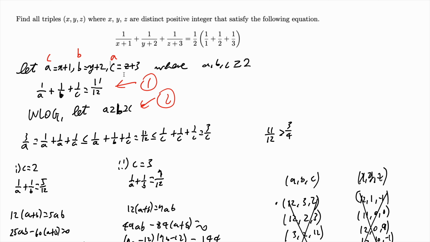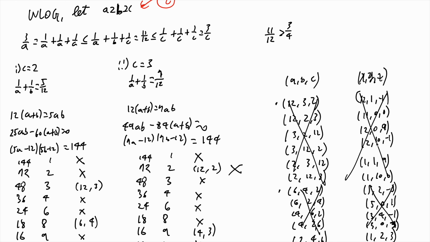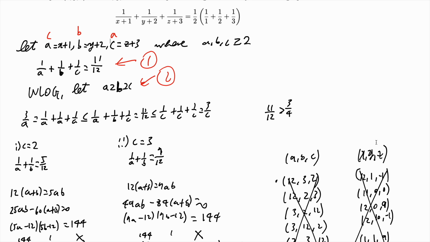Otherwise, if we write x is greater than or equal to y greater than or equal to z, then the 1, 2, and 3 might neutralize that, so that might be a problem. But if we just swap them, then it wouldn't cause a problem like what we found here. So we could have avoided brute forcing that way.